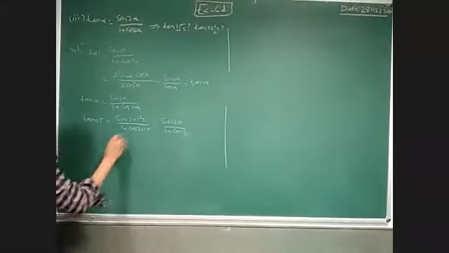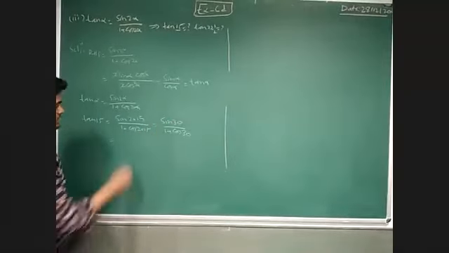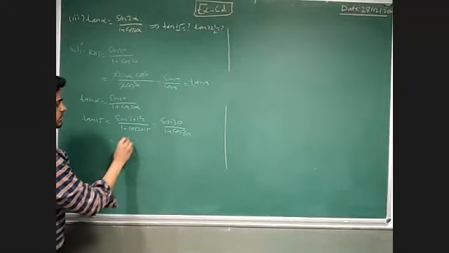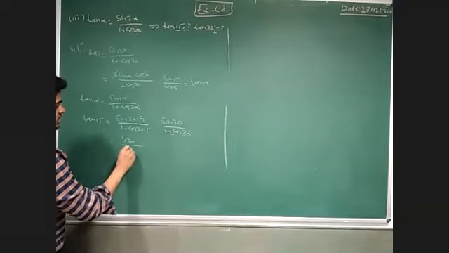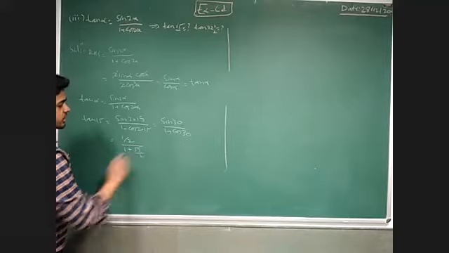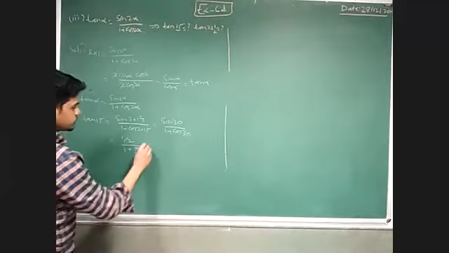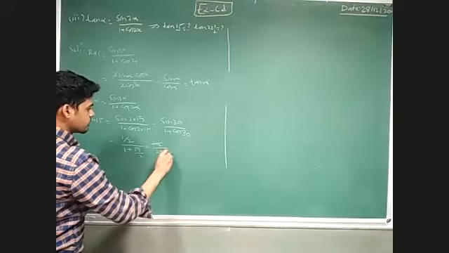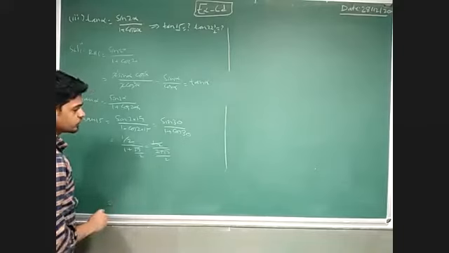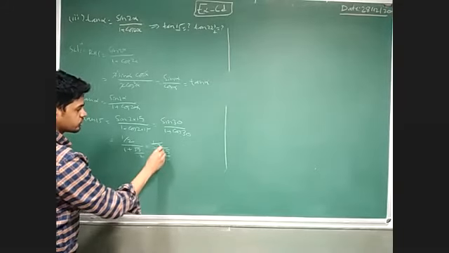I know the value of sin 30, that is nothing but 1 by 2, and cos 30 is nothing but root 3 by 2.